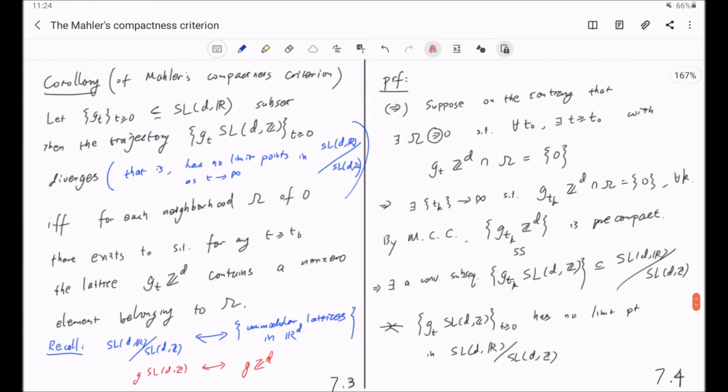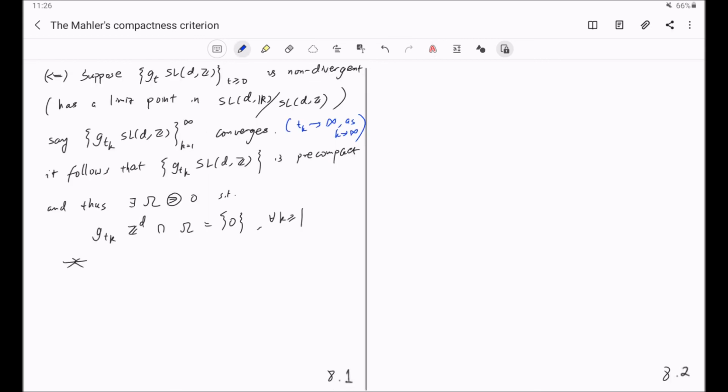And that contradicts the right-hand side of the statement of this corollary, which says for each neighborhood of 0, there exists a t0 such that for any t greater or equal to t0, this lattice g_t Z^d contains a non-zero element in omega. I should have emphasized this earlier in the definition of divergence. And this finishes our proof of this corollary.